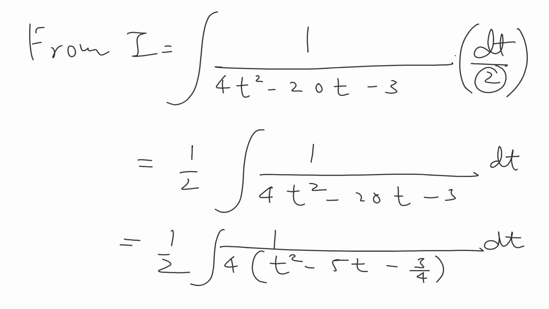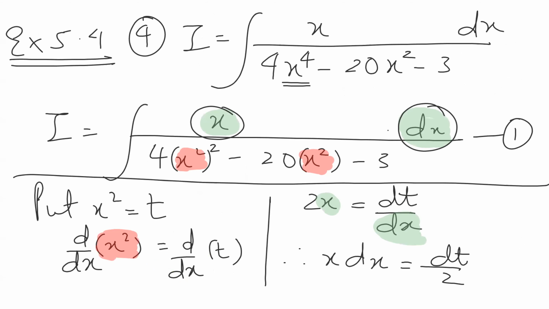It won't be half into coefficient of x. The concept remains the same, correct? But now it is half into coefficient of t the whole square. At the same time you can multiply this 4 and 2 and write 1 upon 8 outside. Solve the entire problem in terms of t, and then towards the very end replace t with x square.